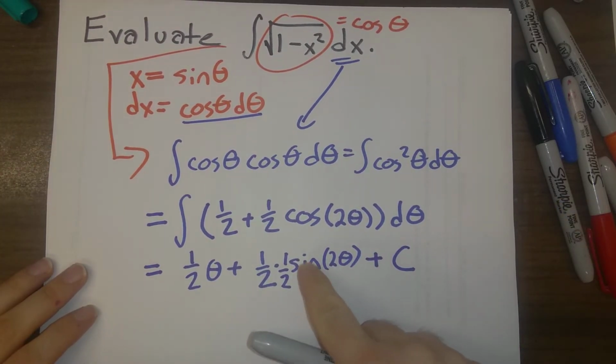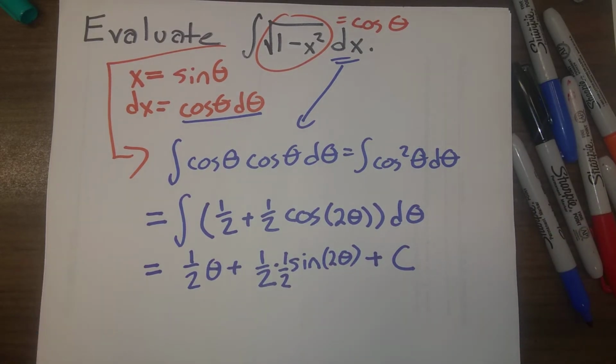So quick check here, the derivative of this gives us this, so everything's on the up and up. We've got this 2 theta hanging out here. It's a little bit difficult for us to deal with 2 thetas and stuff like that. We'd much rather deal with thetas.